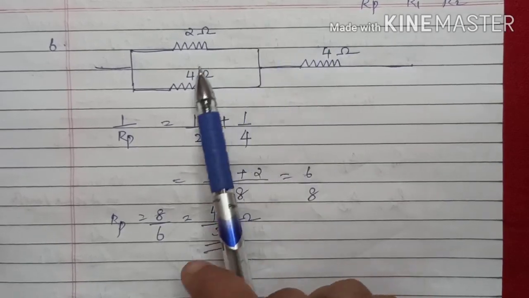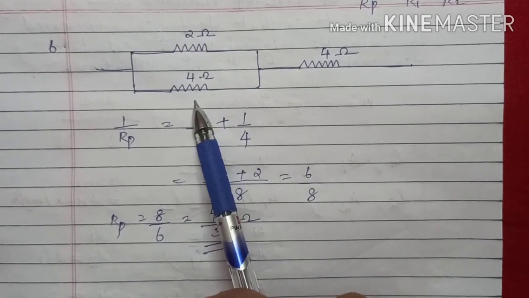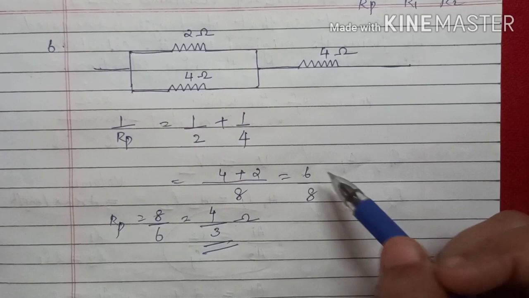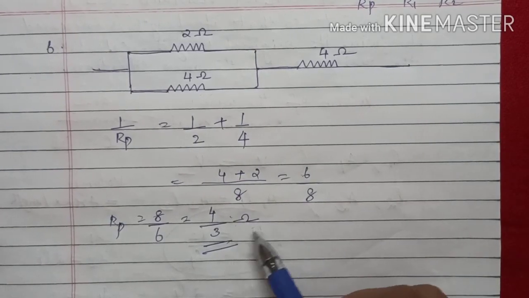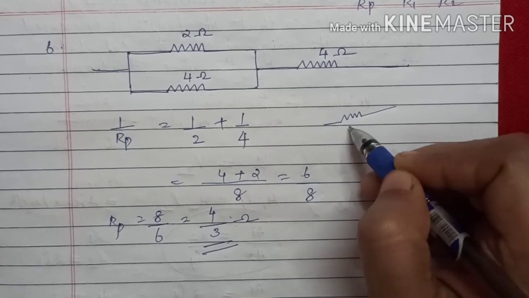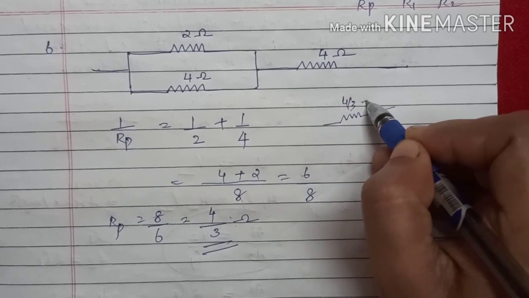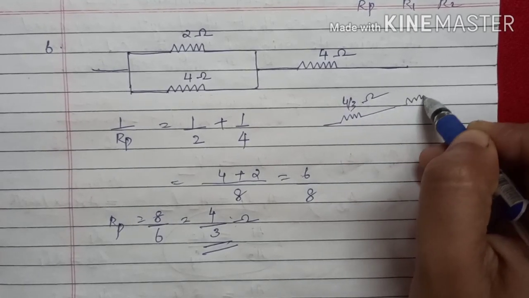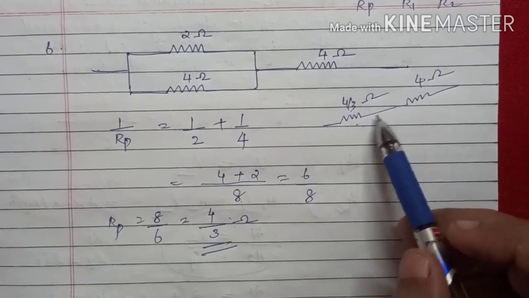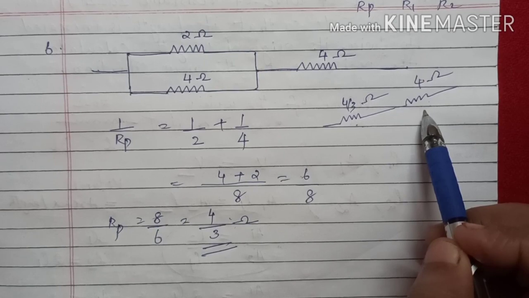That means if I change this figure, this 2 ohm and 4 ohm, even though it is in parallel, now I got an effective resistance which has a value 4 by 3 ohm. So I can draw like this. This is 4 by 3 ohm and then I have the value 4 ohm. Now it is understood that these two are in series combination, isn't it?